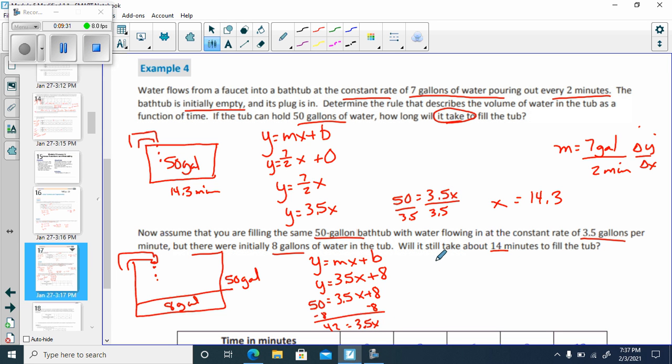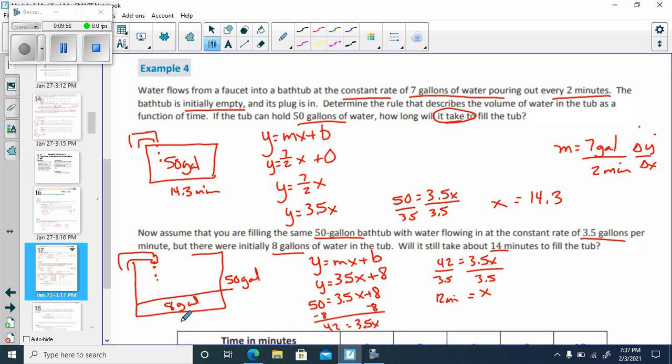Divide both sides by 3.5. x is equal to 42 divided by 3.5. 12. x is 12 minutes, okay?